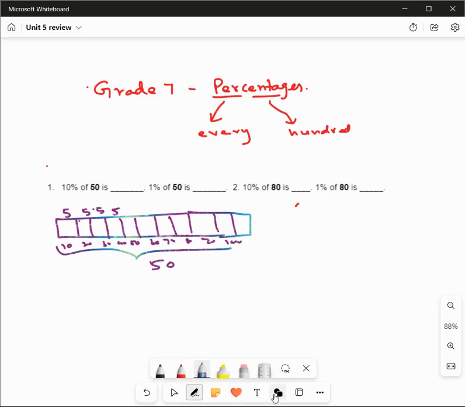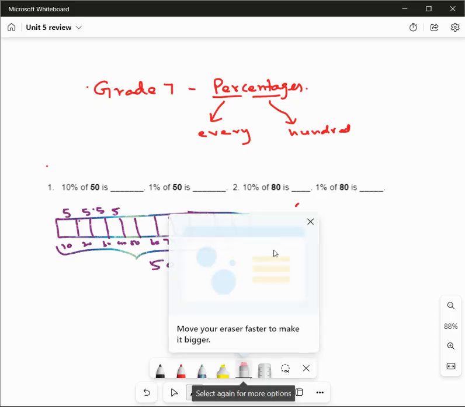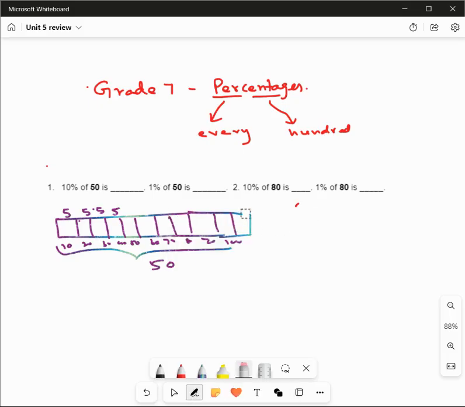Okay, so that's how you can take the percentages. Let me erase the last one quickly. There we go. So that's 100%. We can see that 50 is the whole, but 10% is 5. So your answer is 5.